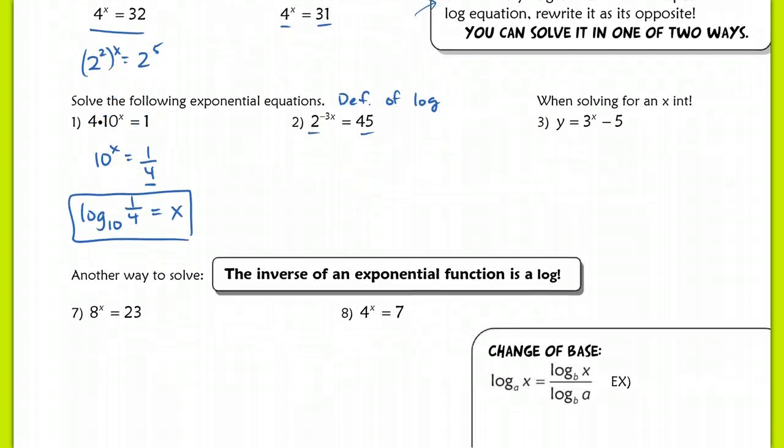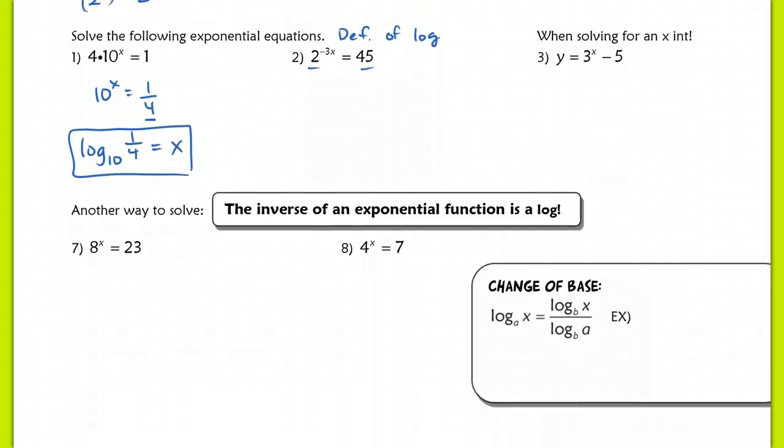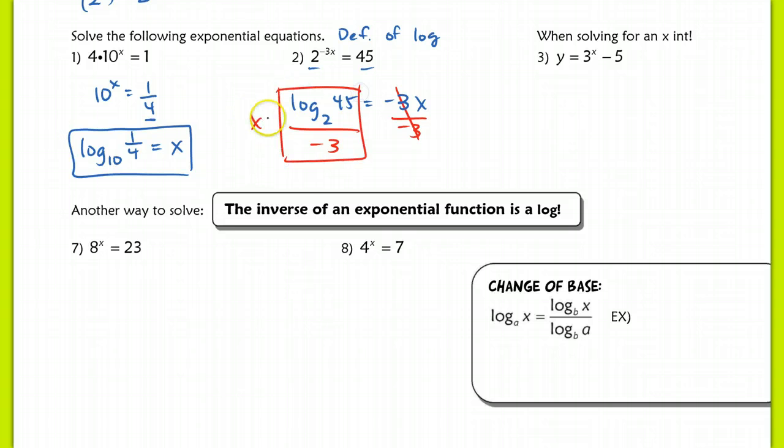And usually, that's the trick to helping you figure out the solution. So anyways, I say, okay, log base 2 of 45 should equal negative 3x. Now I simply divide by this negative 3 to get that x all alone. So I'm left with x equaling log base 2 of 45 divided by negative 3. Now, as I said, we're going to just review this whole idea about solving for an x-intercept.